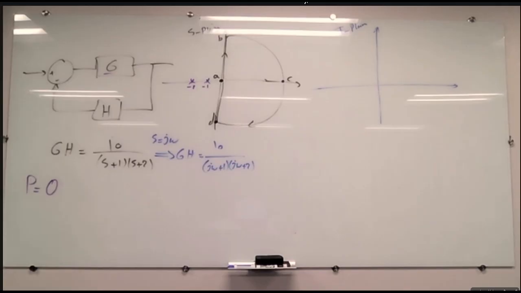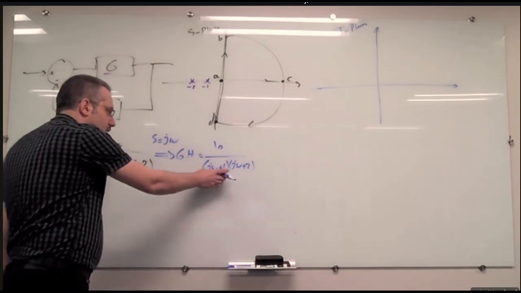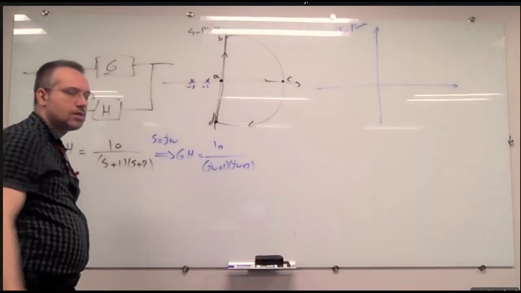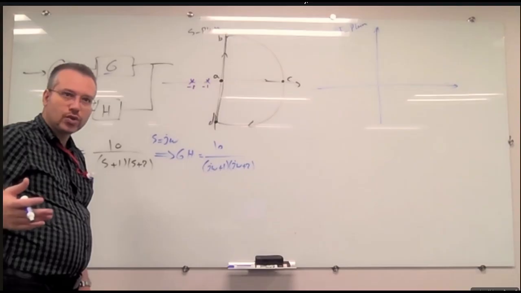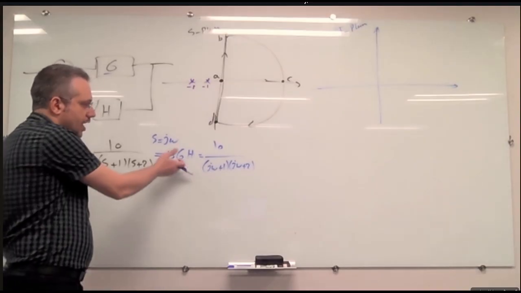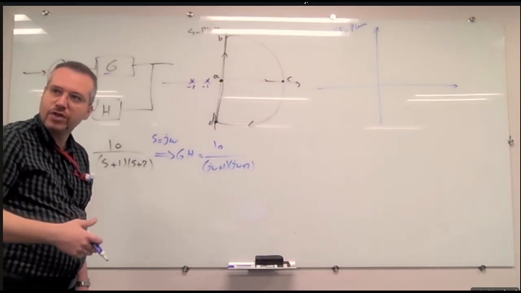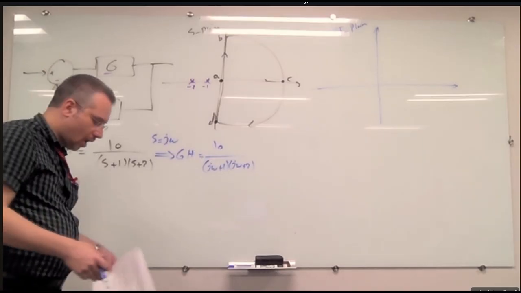Correct? So let's find out the representation of this function in the phasor domain. For each omega, what would be the magnitude of the phasor of GH, and what would be the phase of that phasor GH?